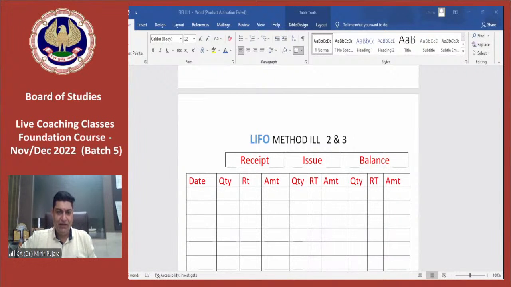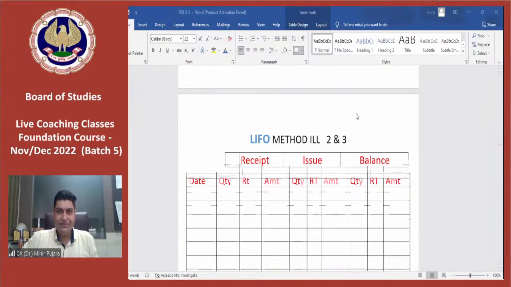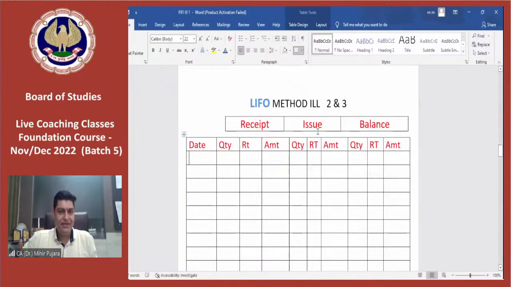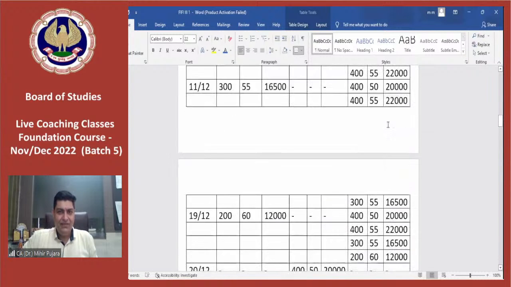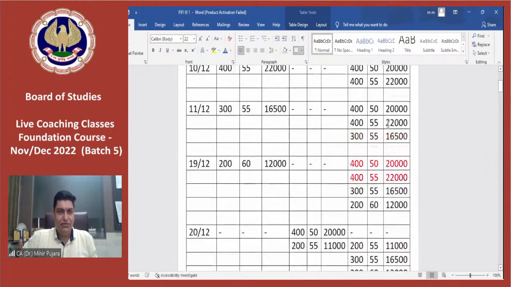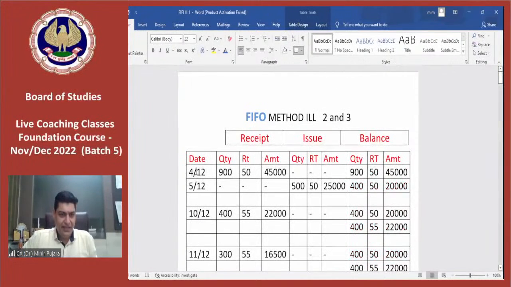Okay, guys. Now, without wasting a moment, let's start it. Now, friend, the first 3 points, what we conclude. See, this is FIFO method. Let's do the smart work, right?